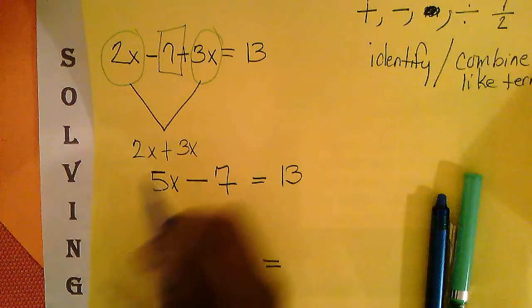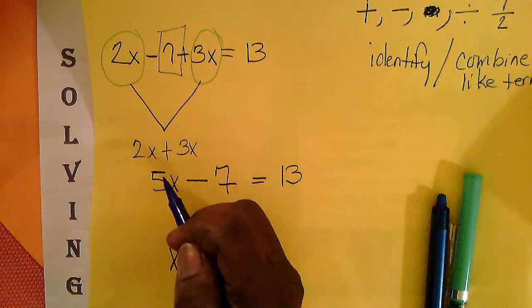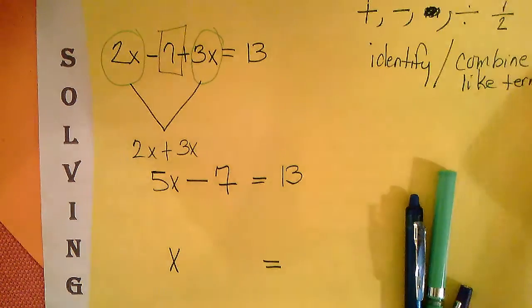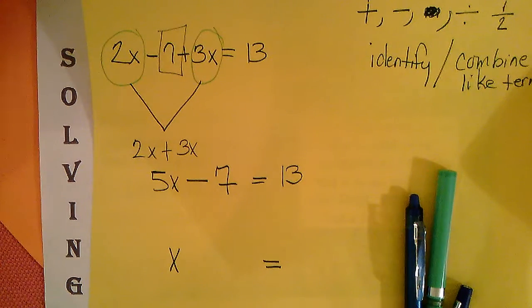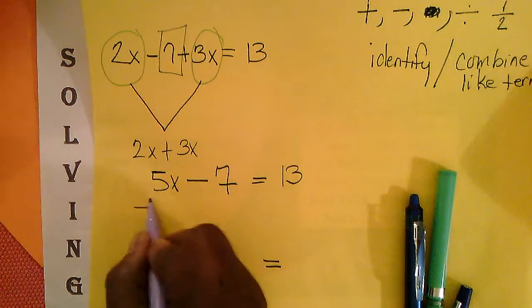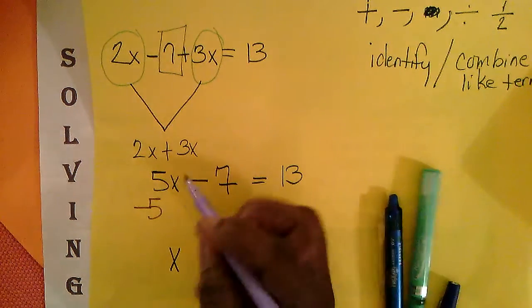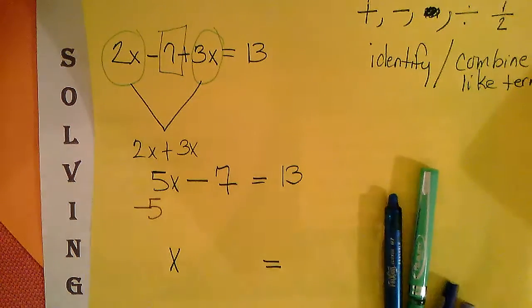Okay, so if this 5 is positive, in order to get it to the other side, I would need to make it negative. So I'm going to subtract 5x. Oh, nope, I'm sorry, my bad, because I forgot we're solving for x.